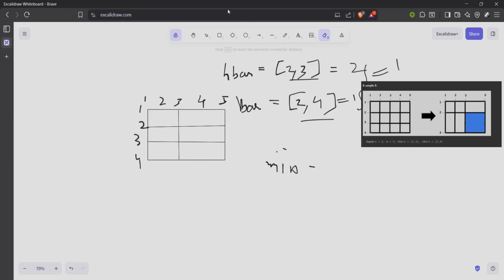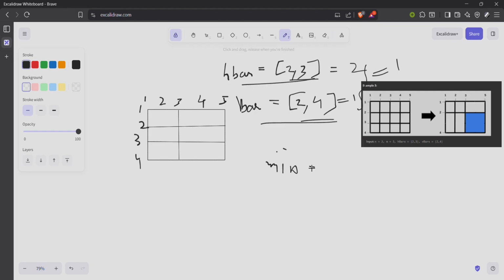So what we are trying to do is find, between H bar and V bar, the minimum consecutive bars that can be removed. In this case, we can remove two consecutive, and in this case, we can remove only a single one.